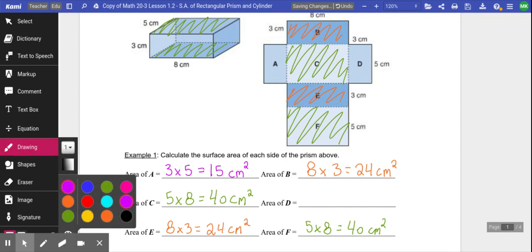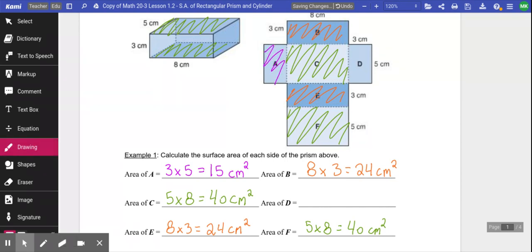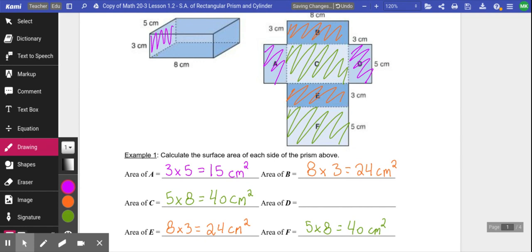And the sides, A and D, you'll notice, are the exact same as well. So if I want to just look at that box and be like, hey, wait a minute, that side and that side are the same, you can do that. If you would rather just calculate every single side and look at it individually and not worry about what's the same, what's not the same, hey, all the power to you. You're welcome to do that.